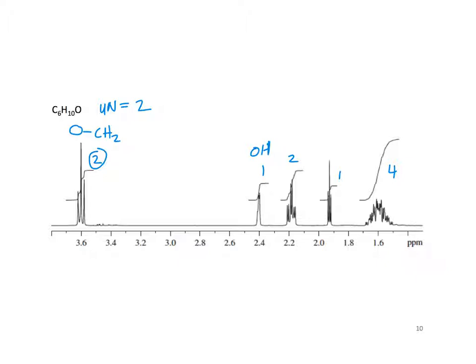The coupling constant is how far apart the peaks split, and when two protons couple with each other, their splittings will match. Those splittings do not match. In fact, for the one at 1.9, is there anything that does look like it matches?